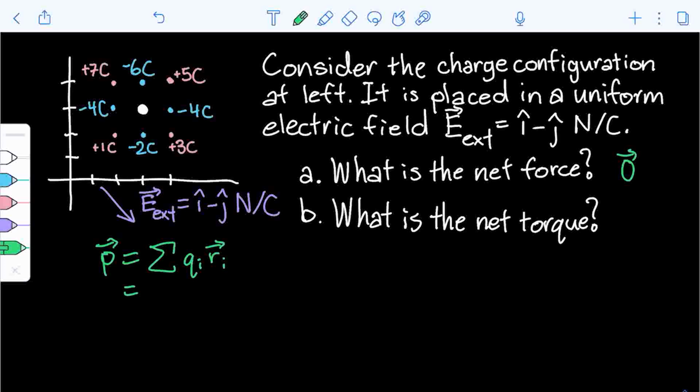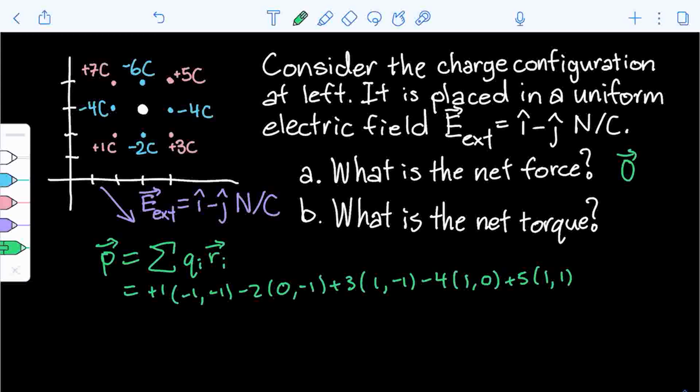So this is going to be, starting from the bottom left, we have plus 1 charge times negative 1, negative 1, then minus 2 charge times 0, negative 1, plus 3 times 1, negative 1, minus 4 times 1, 0, plus 5 times 1, 1, minus 6 times 0, 1, plus 7 times negative 1, 1, and minus 4 times negative 1, 0. Okay, this is a lot.